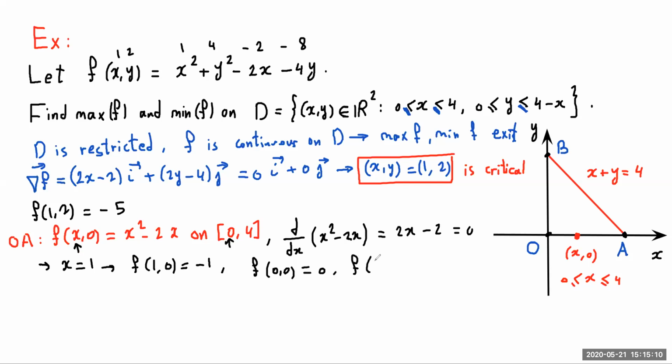What is f(4,0)? With x = 4, it's 4^2 - 8, so 16 - 8, which is 8. So now we have these numbers. Remember them. Until now, the maximum of f is 8 and the minimum is -5. Let's continue.